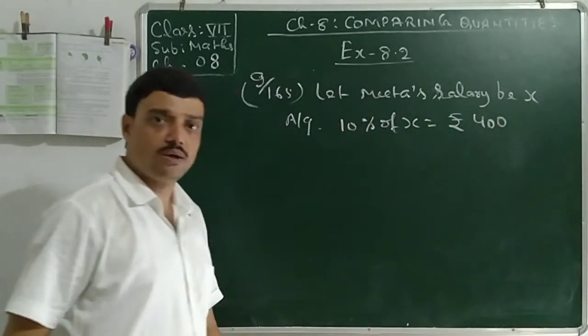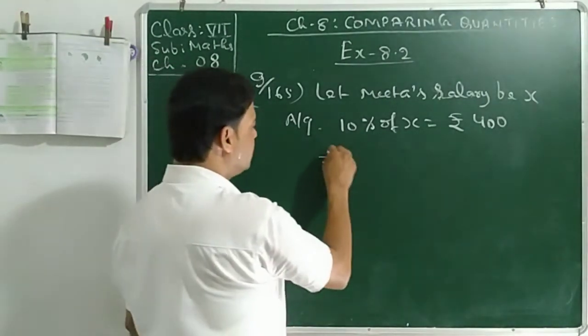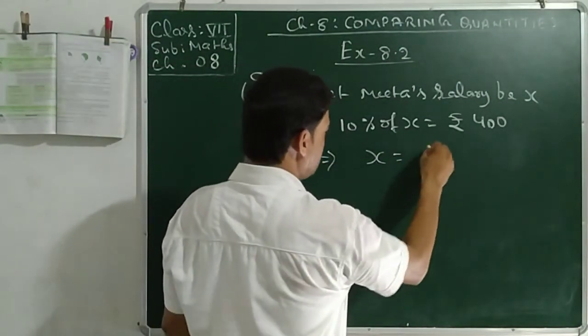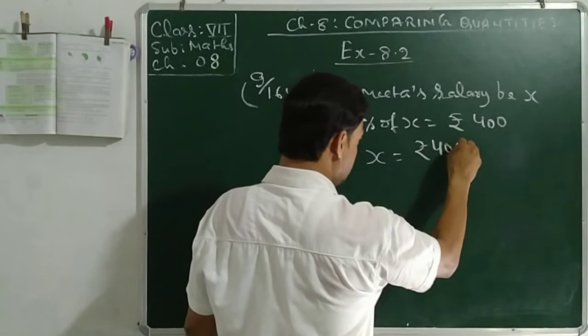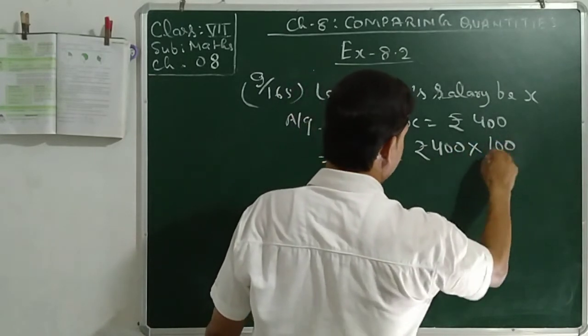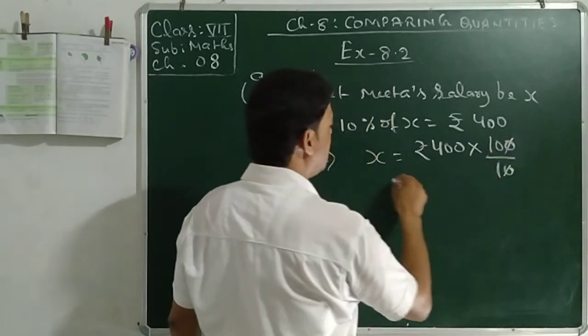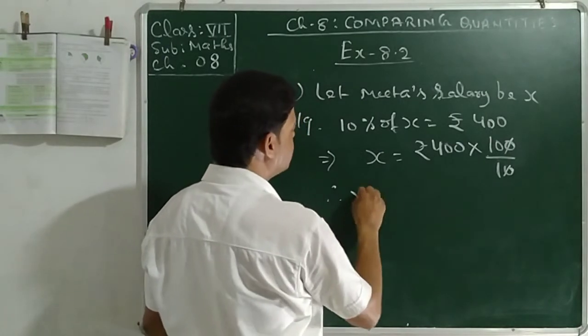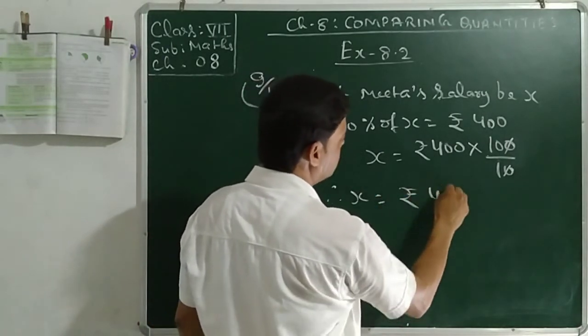Very easily you can solve this to find X. X equals rupees 400 into 100 by 10. Therefore, X equals rupees 4,000.